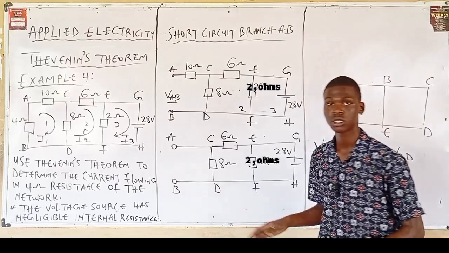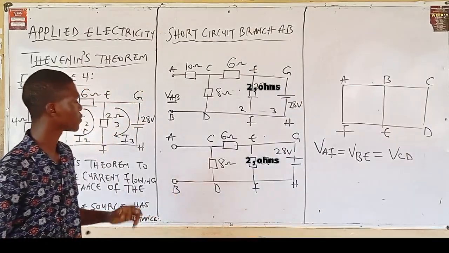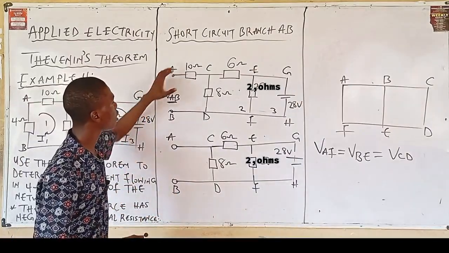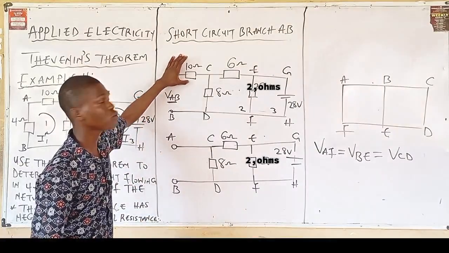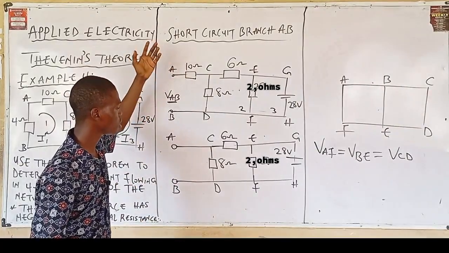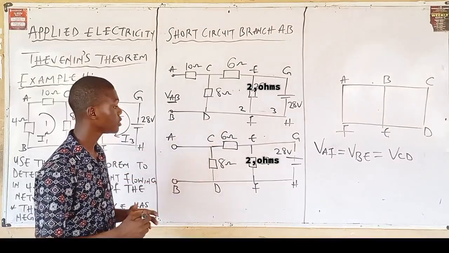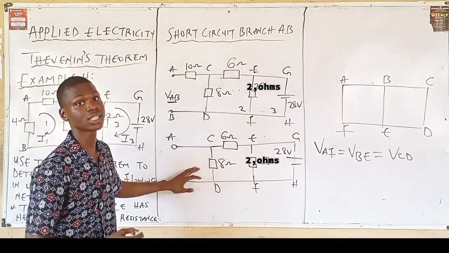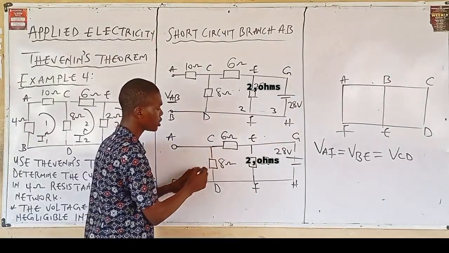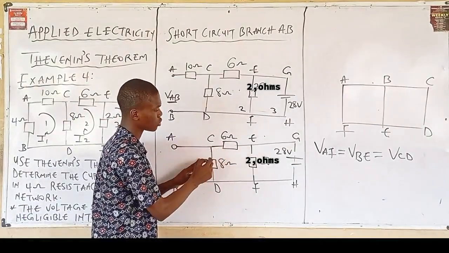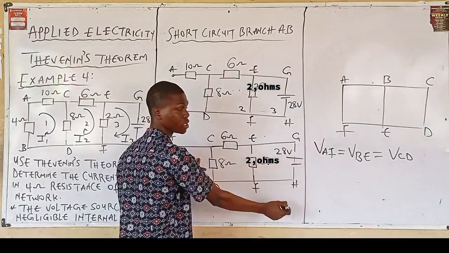That's what you are supposed to have. But for this question, it does not work like that. The reason is because, since you are removing this 10 ohm resistor, you observe that this 6 and 8 are in series, meaning the value of voltage in this resistor will be different from the value of voltage here.